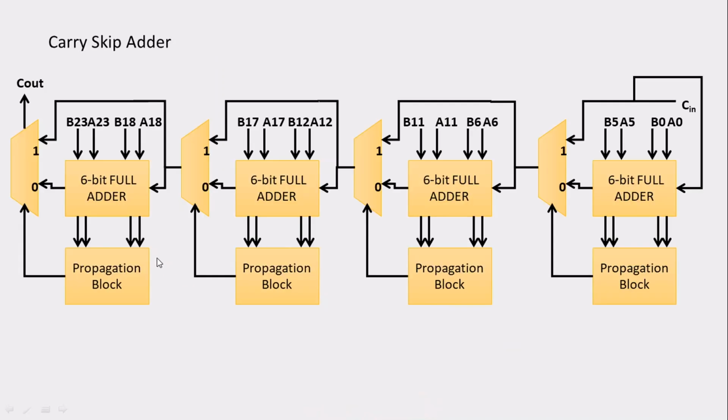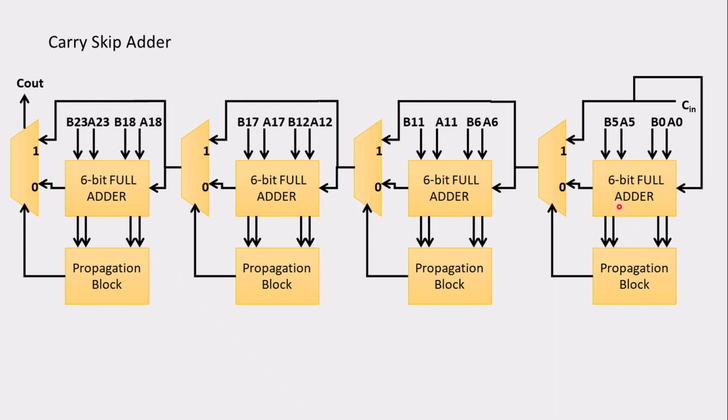Now let us look into the diagram of our carry skip adder. Here we have taken an example of a 24-bit adder. In this 24-bit adder, you can observe that this particular block is a 6-bit full adder.